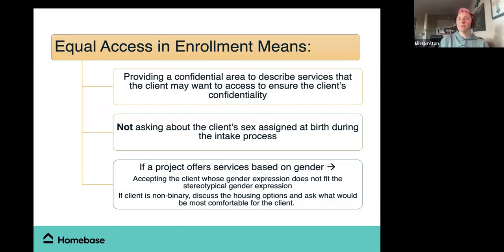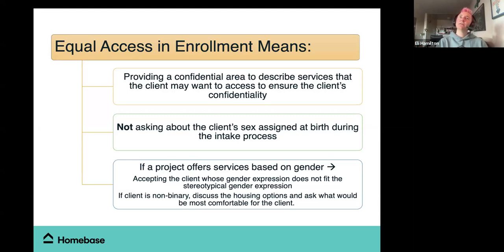When you're asking someone about their sex assigned at birth, you are basically, in a sense, asking to look in their pants. Or alternatively, asking about their private medical history, right? And that's not something that you need if you're going to be providing shelter or housing services. So yes, ask about gender, because that's a required element for a lot of folks. We don't need to ask about someone's sex assigned at birth, or about their physiological characteristics.